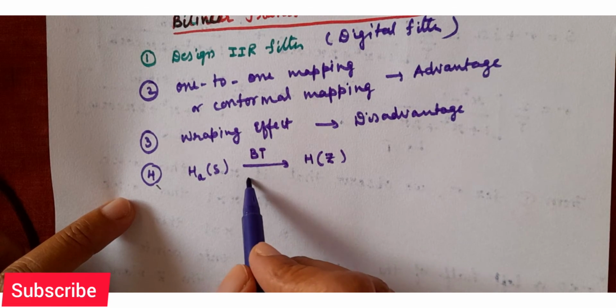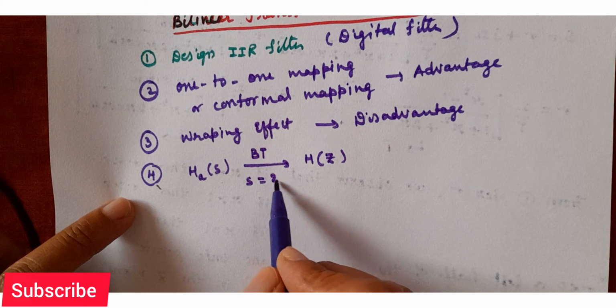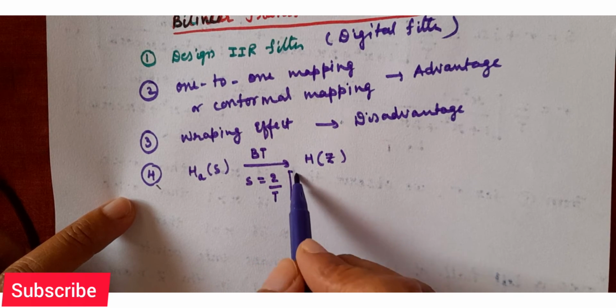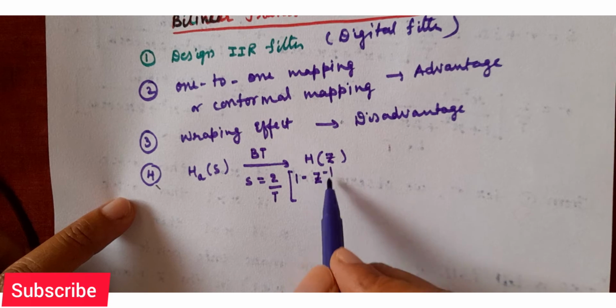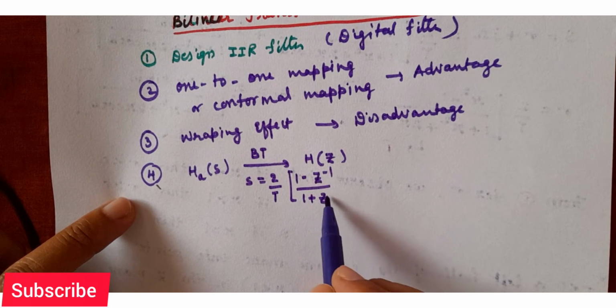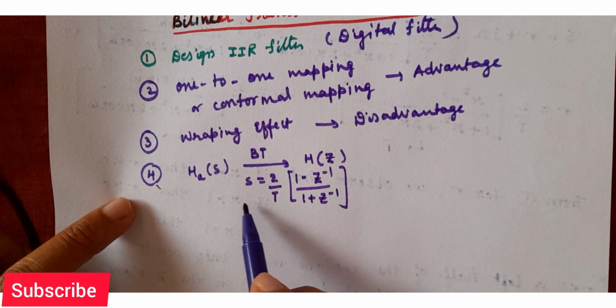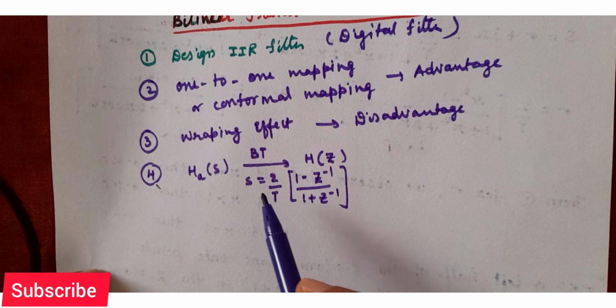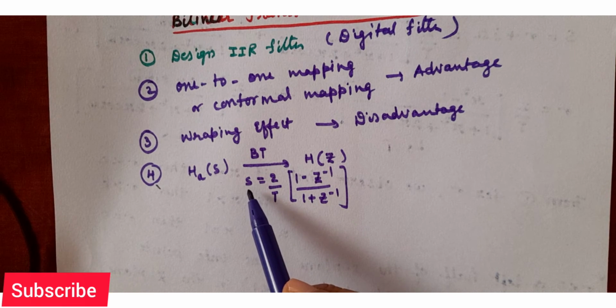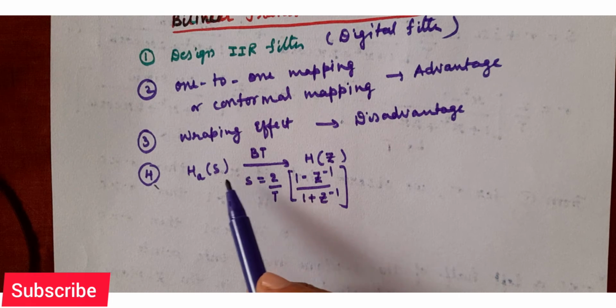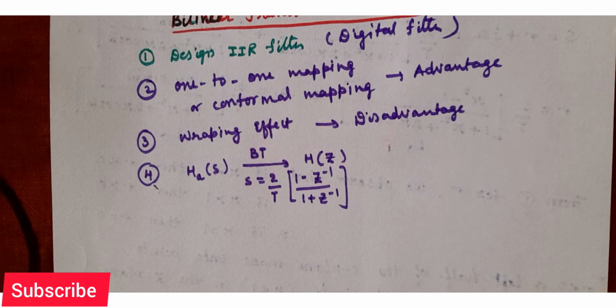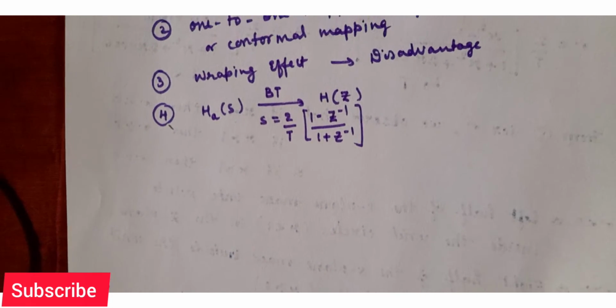So here what is the equation you have to use? S is equal to 2 by T times (1 minus z inverse) by (1 plus z inverse). This equation is known as the relationship between the analog filter transfer function and the digital filter transfer function.